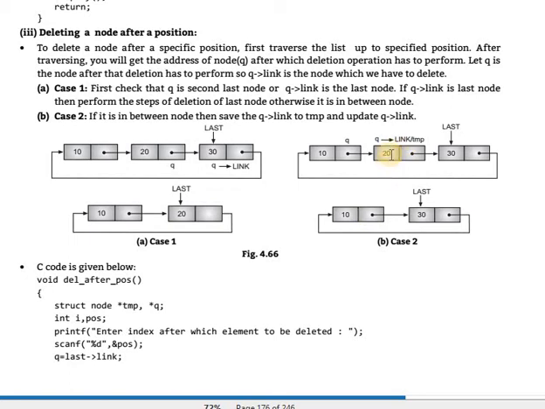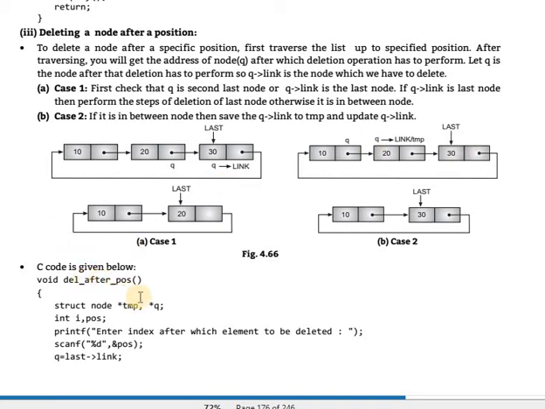When you delete an intermediate node, q is given at the previous node of the one you want to delete. Okay, and then that q link, the 20 value, is initialized as temp, and temp will be removed, and q link is connected to the last. When this is freed, obviously it no longer exists in the list, and the q pointer is connected with the last one.